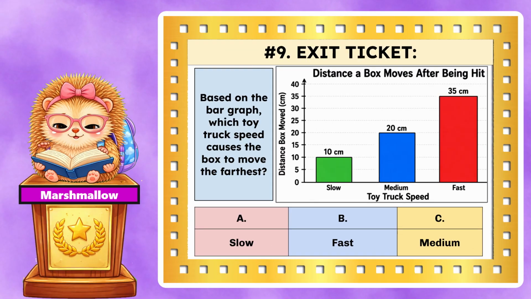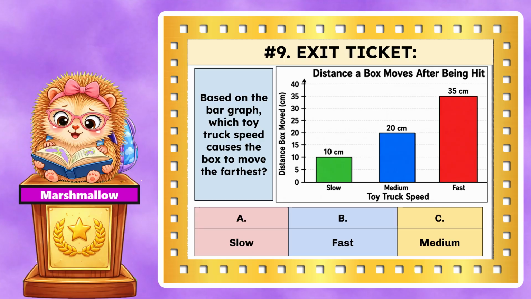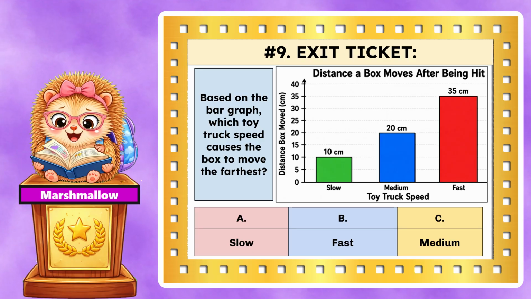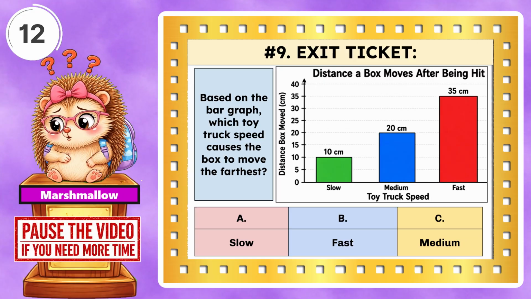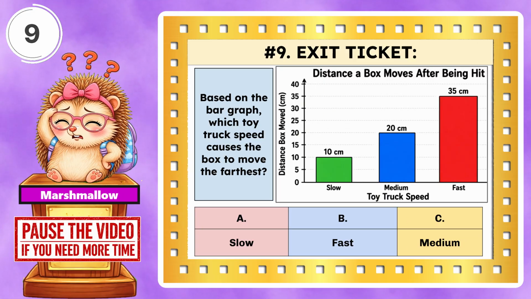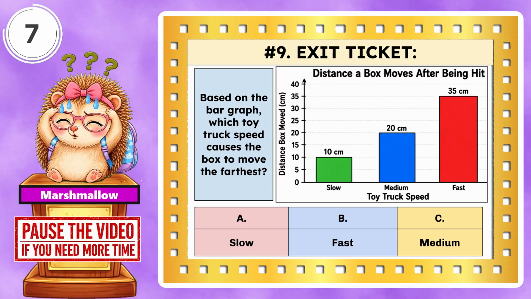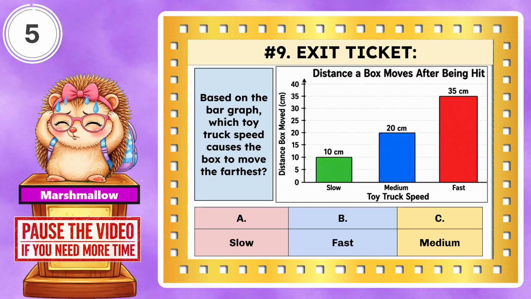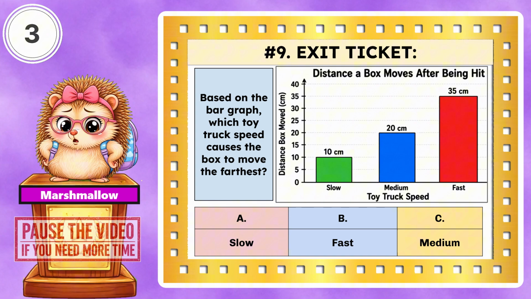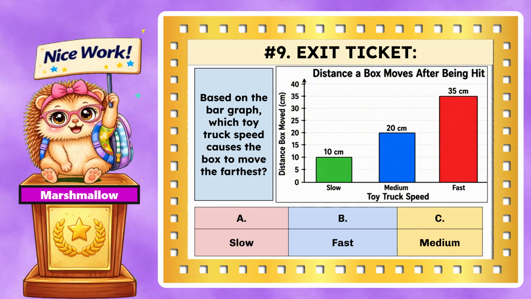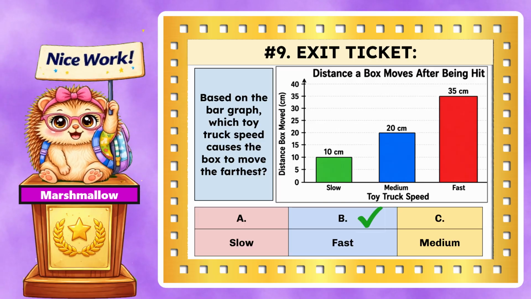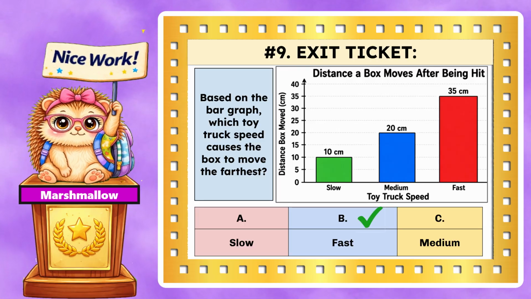Based on the bar graph, which toy truck's speed causes the box to move the farthest? And the correct answer is letter B. Fast.